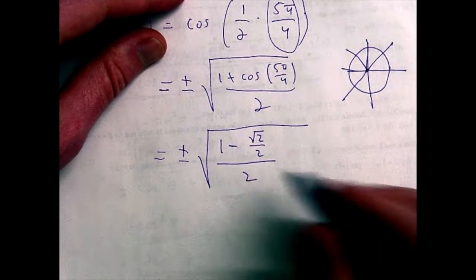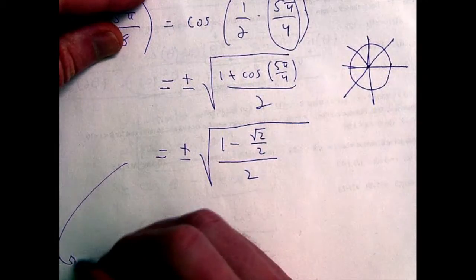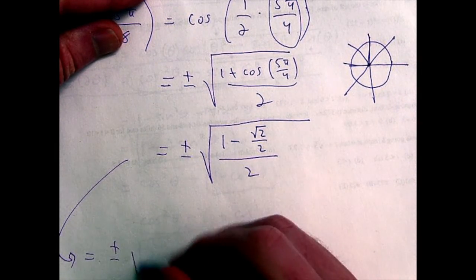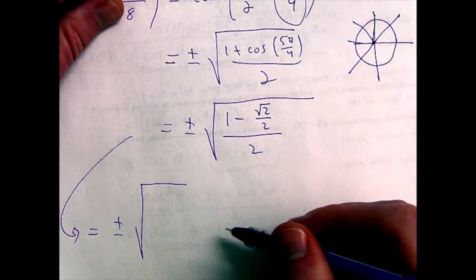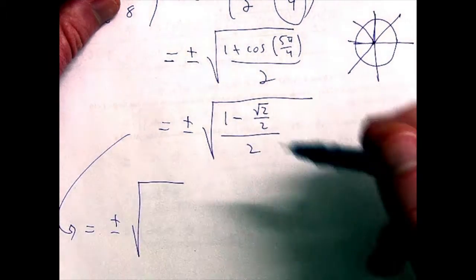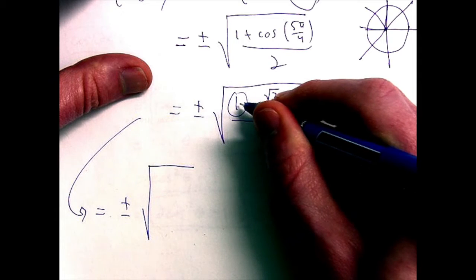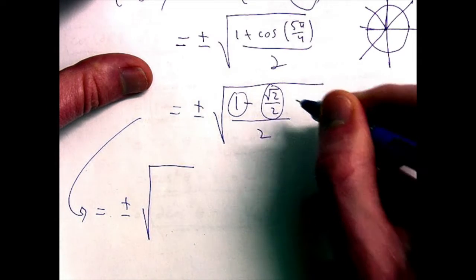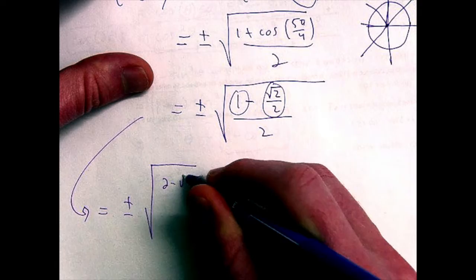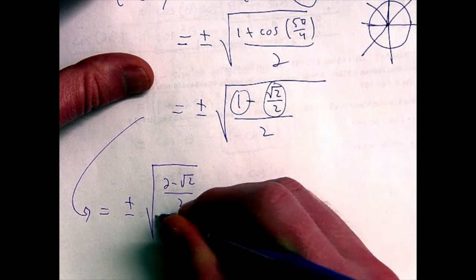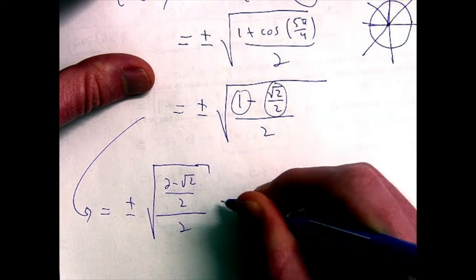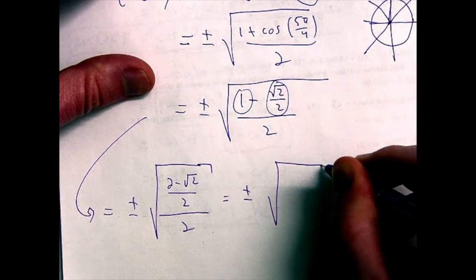Yeah, so we should simplify this expression inside the square root. So I have plus or minus, let's see if I can clean this up. I've got fractions within fractions. That's kind of bad news. Let's clean it up. So this is like 2 over 2, right? So combining that with this, you're going to have 2 minus root 2 over 2, all over 2, which is plus or minus root.